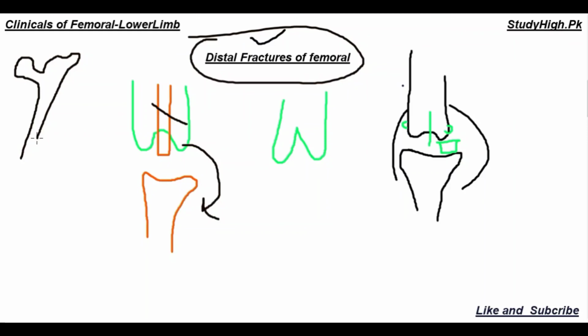And avascular necrosis, why it happens, the ligamentum teres, and what type of patient mostly suffers from these fractures of the neck: women who are suffering from osteoporosis, or men or women above 60 years of age, mostly suffer from fractures of the neck.